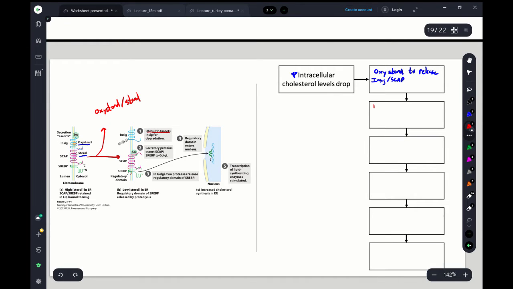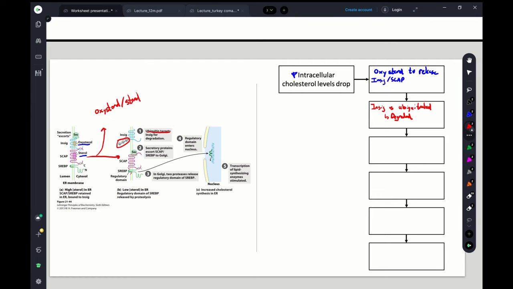So we would say NSIG is ubiquitinated. And that then marks it for destruction, and we could just say degraded. We're not going to talk about how that happens, but when you have polyubiquitination of a protein, that can oftentimes mark that protein for degradation. And so NSIG then is removed.